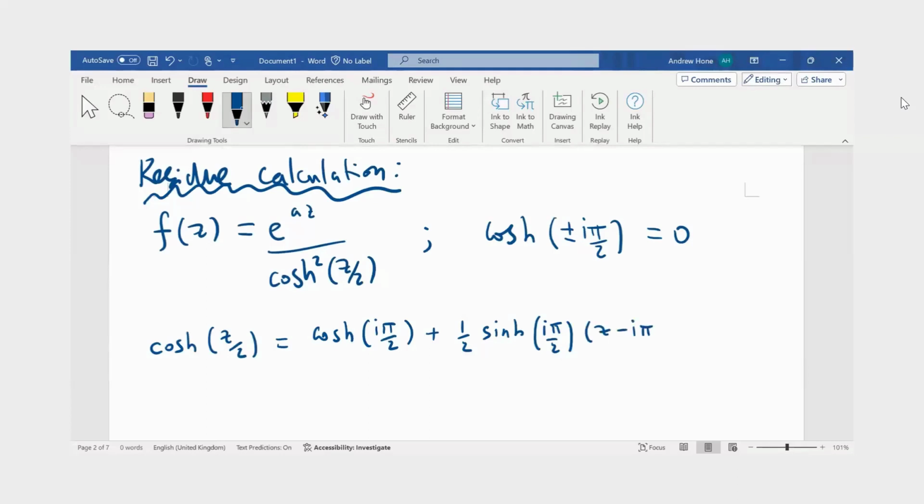I'm really calculating this function around z equals i pi first. If you know how cos and sine work, then you know how hyperbolic cosine and sine work. So we know that this is 0.